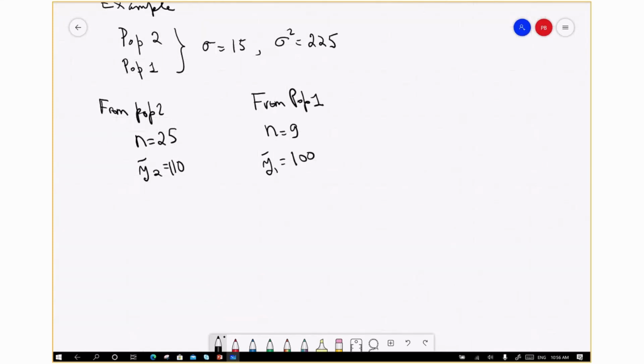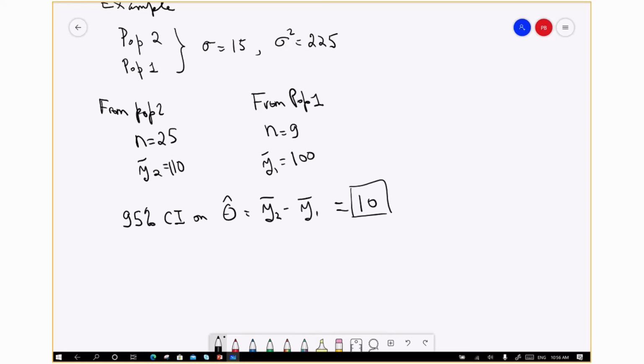So the plan is to get a 95% confidence interval on theta hat, which is y bar 2 minus y bar 1, which is equal to 10. So we want a 95% confidence interval on our estimate of the difference between those two means.